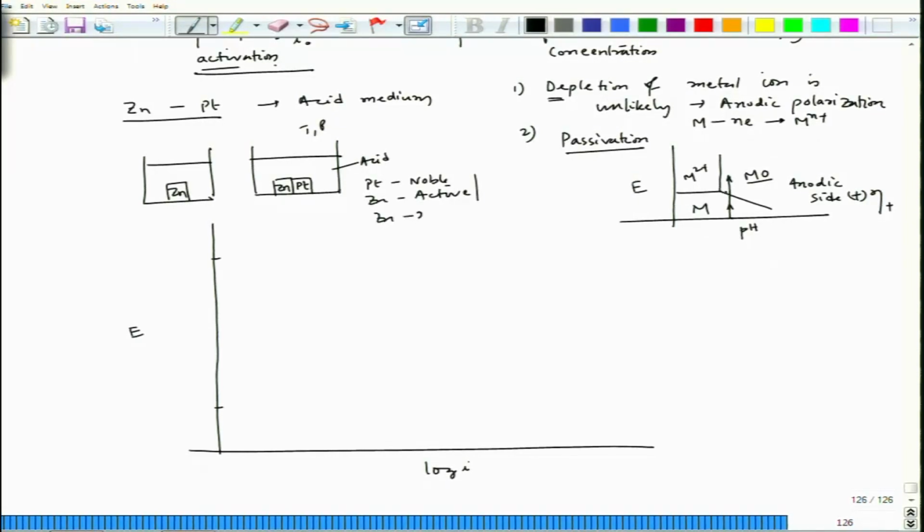Zinc dissolution is the anodic reaction and hydrogen evolution is the cathodic reaction when we have mixed potential theory to be active.